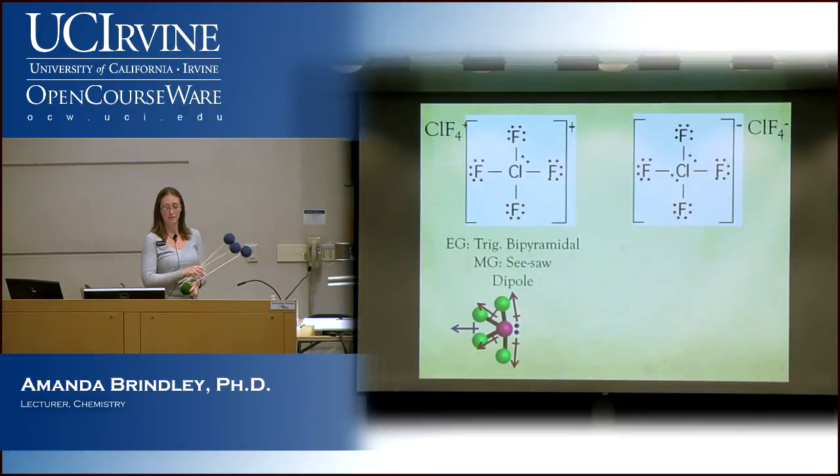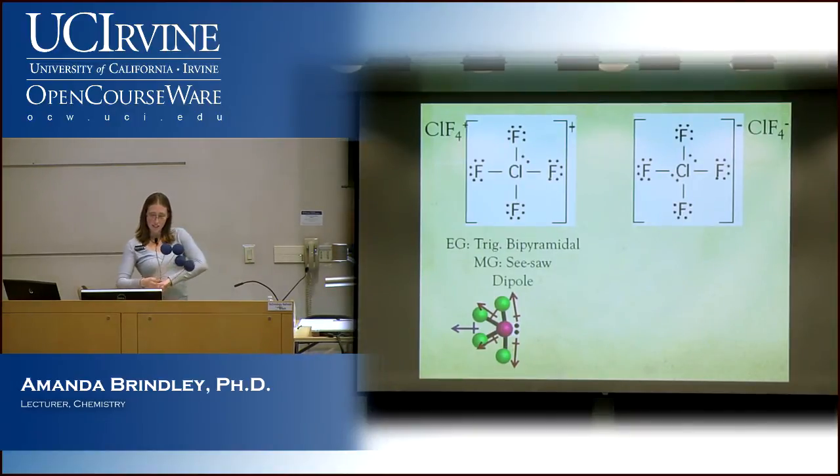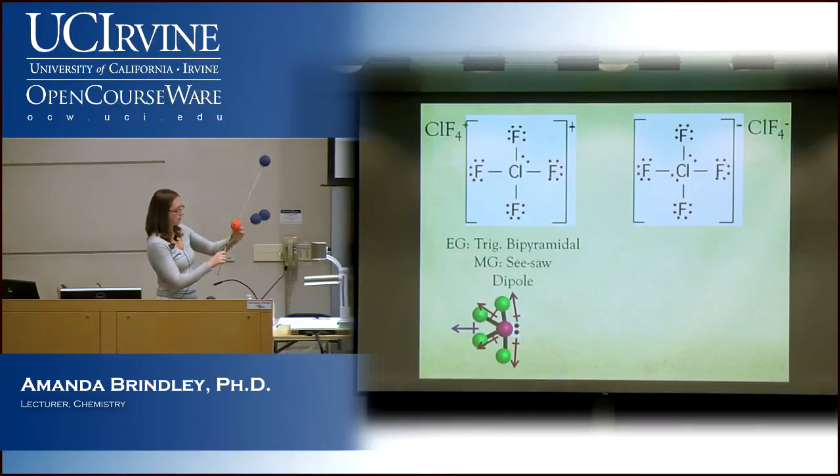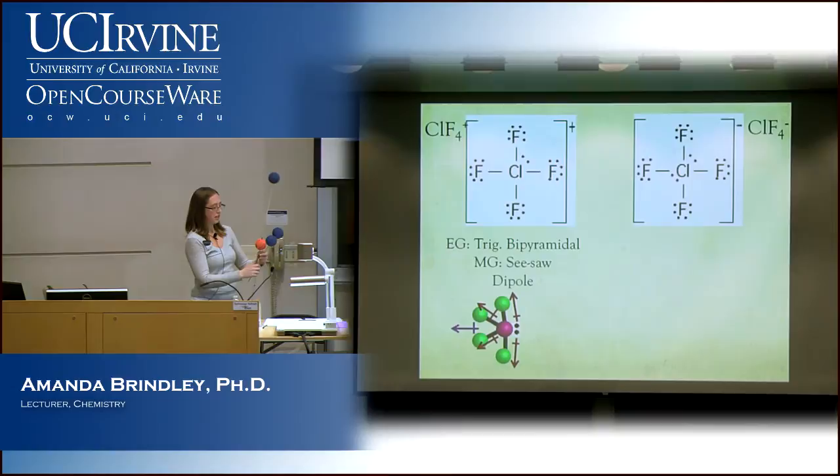ClF4 minus. Now, that gives us an extra 2 electrons, which means that now we have a different steric number altogether, right? What's our steric number now? 6. So let's start with electron geometry. What's our electron geometry? Octahedral.